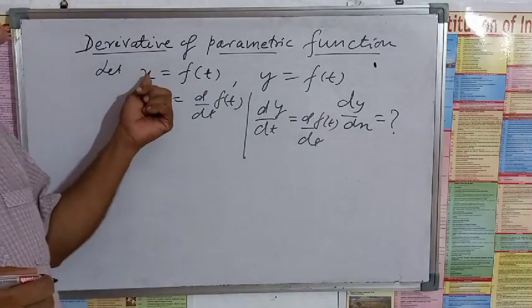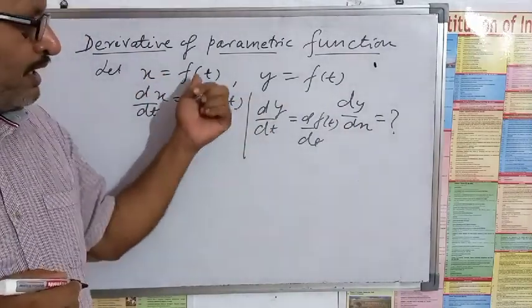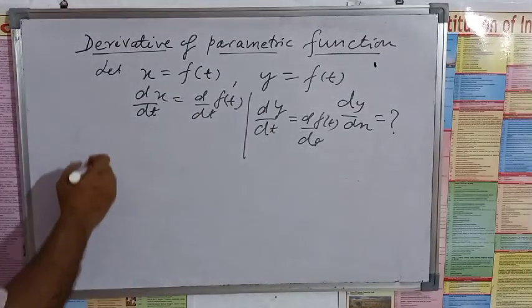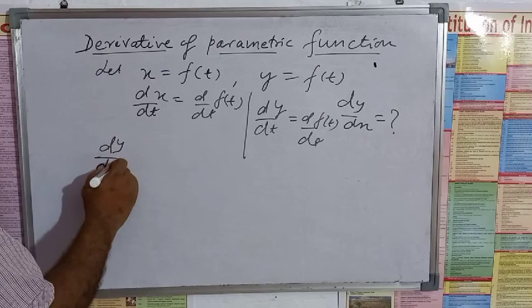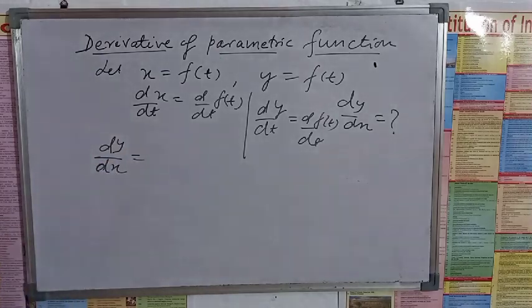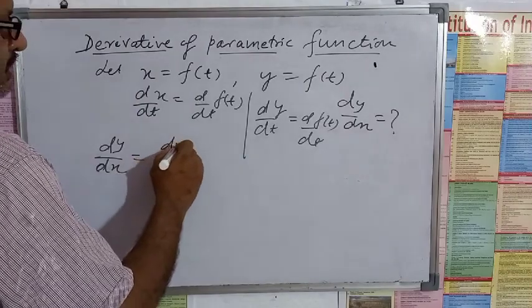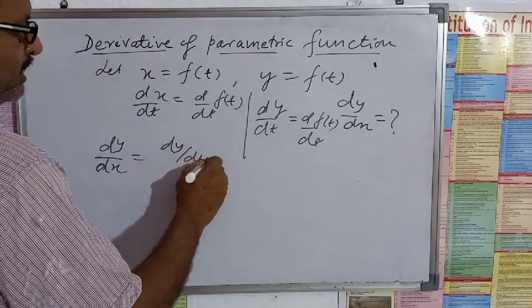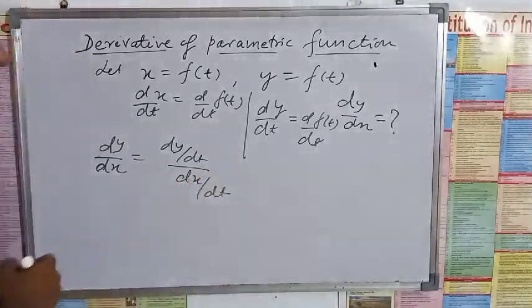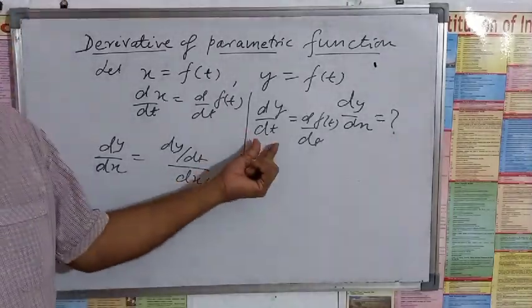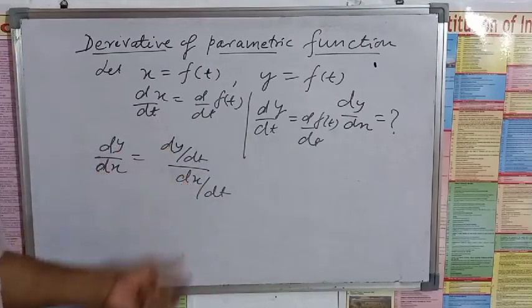After differentiating x and y with respect to the parameter t, we will use this to find dy by dx. So dy by dx can be written as dy by dt divided by dx by dt.